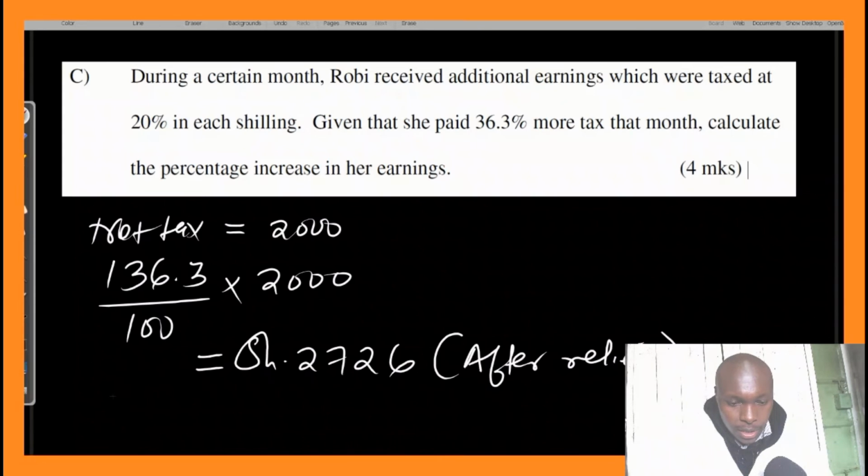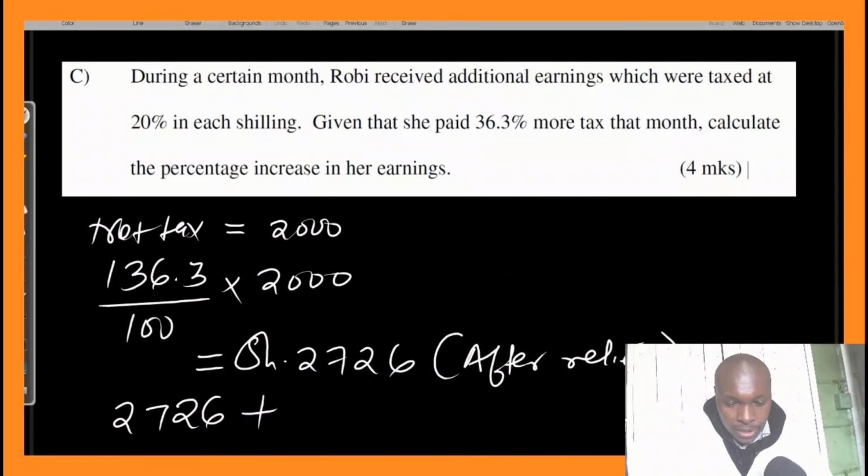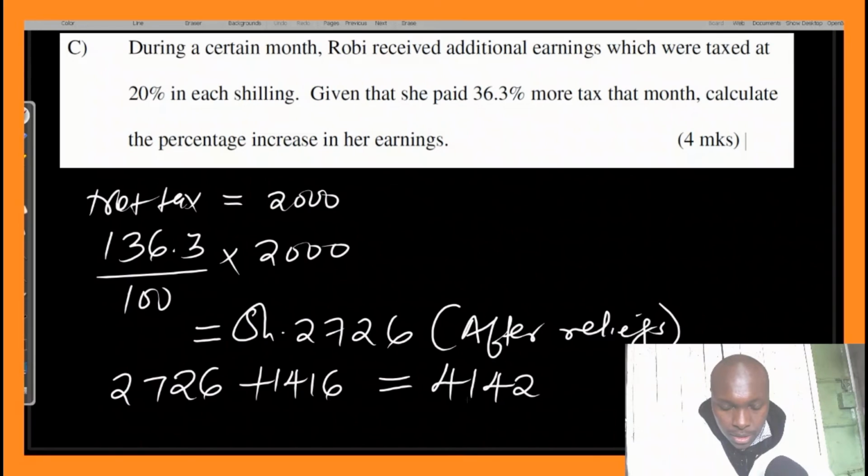So we shall take 2726, then the reliefs that we had subtracted, the total reliefs, are 1416. You add these, you get 4142.